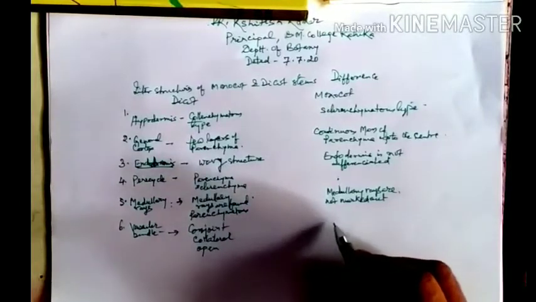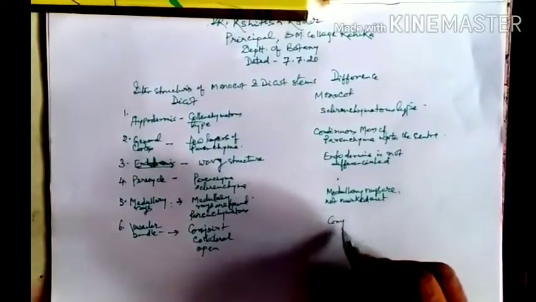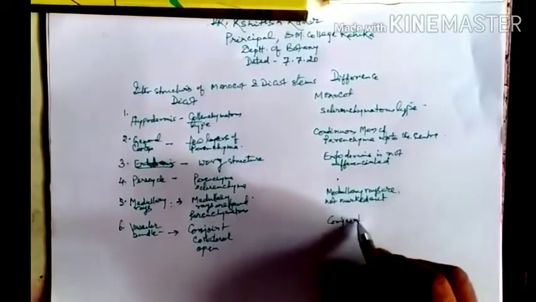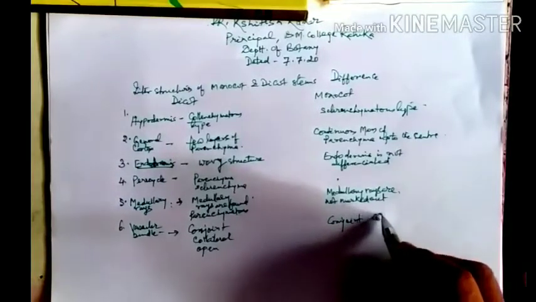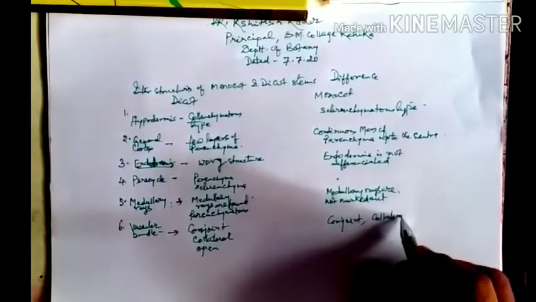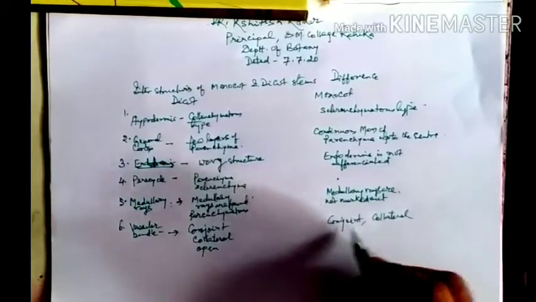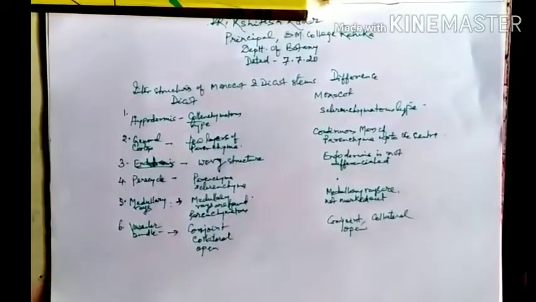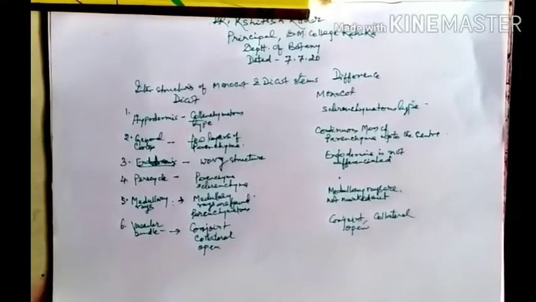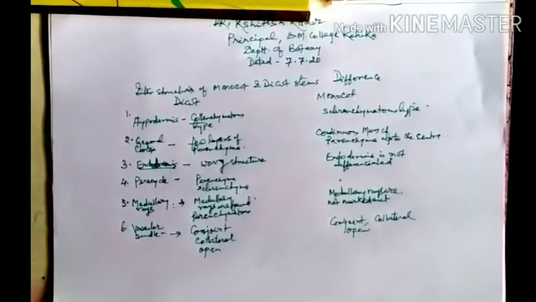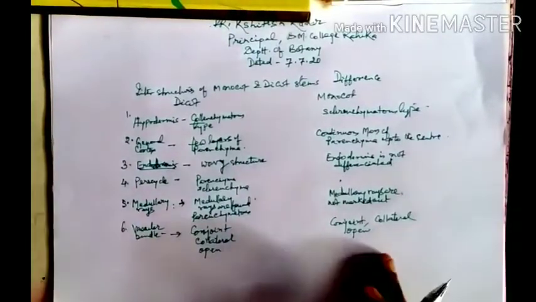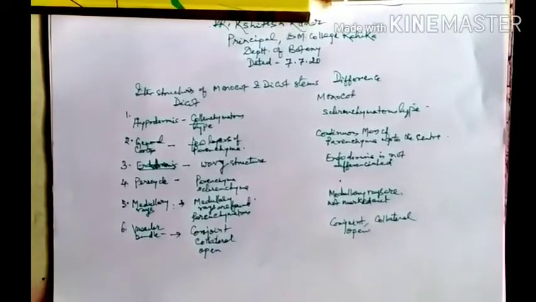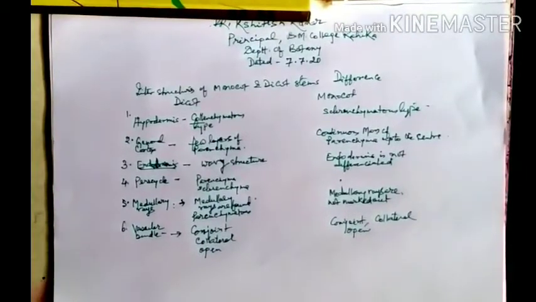Here in the monocot it is conjoint, it is also collateral, but it is not open, means cambium is not found. So the dicot stem performs the act of secondary growth, whereas the monocot stem does not have secondary growth.